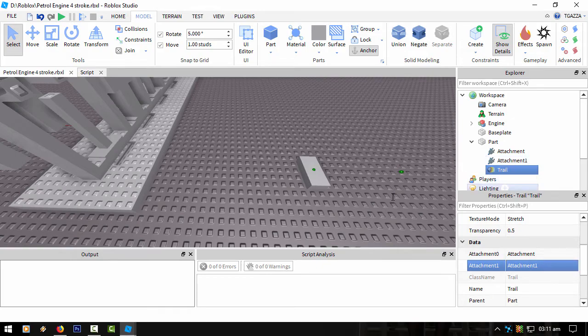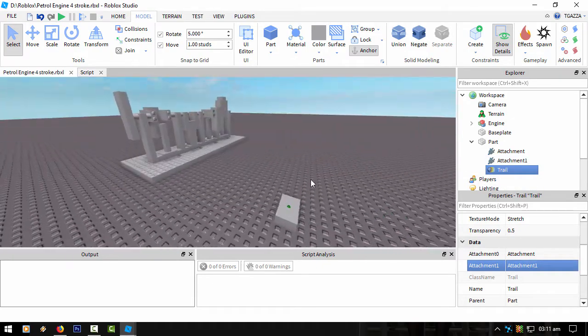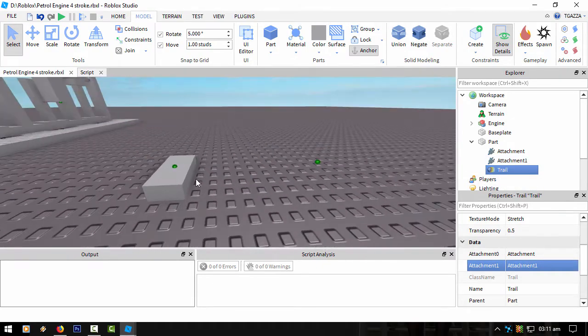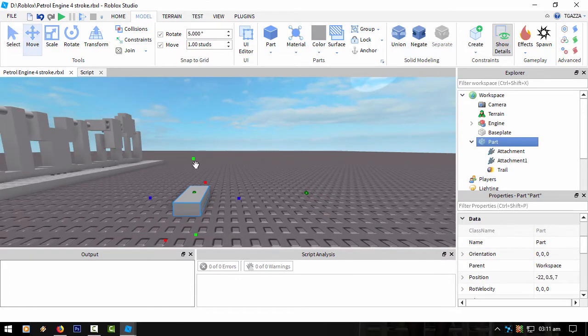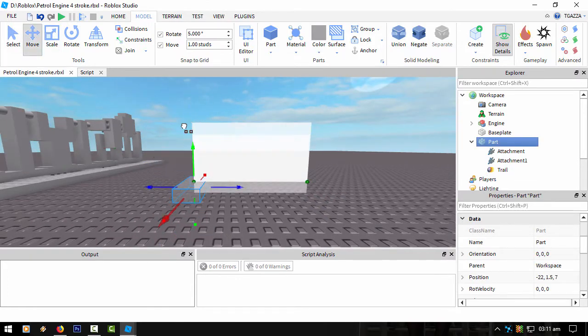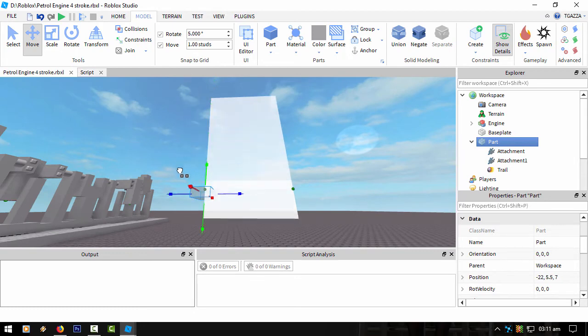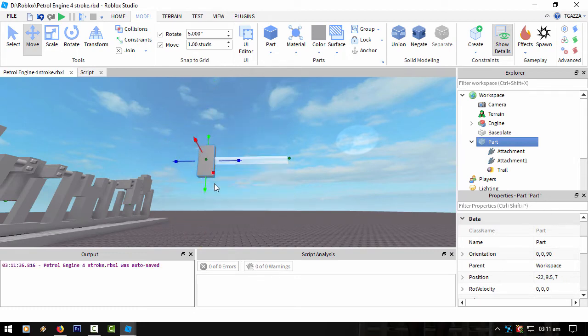And the same for the second. So let's see if I can get a trail working. There you go. So the attachment points is a major breakthrough for, I guess, Roblox. There you go. Rotating around the other way.